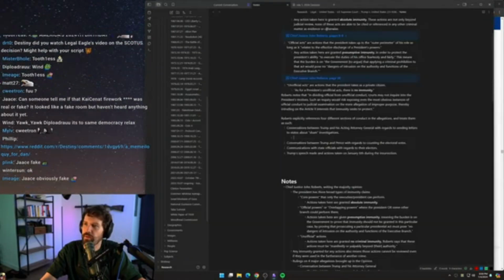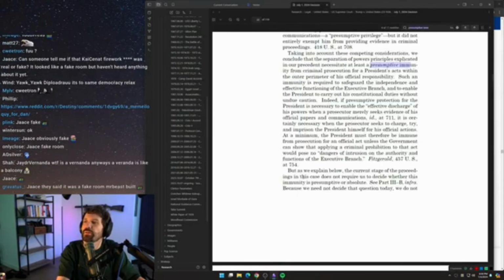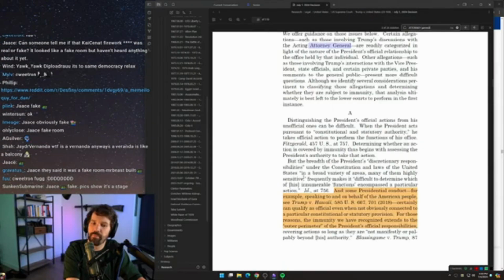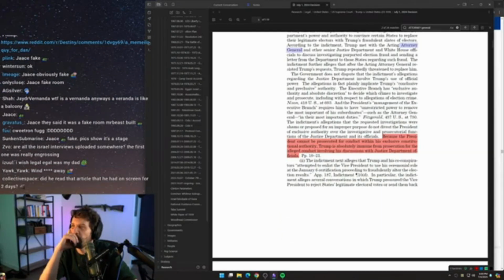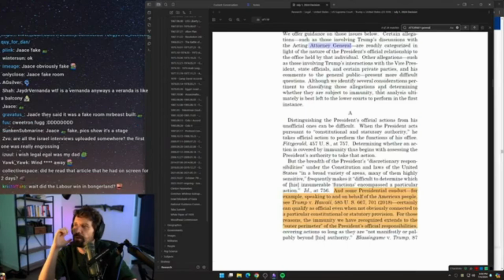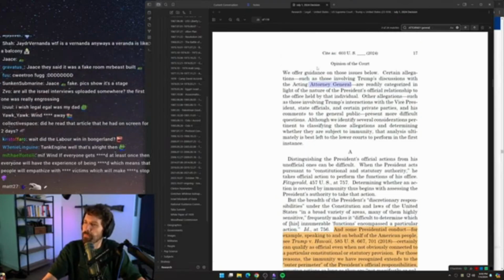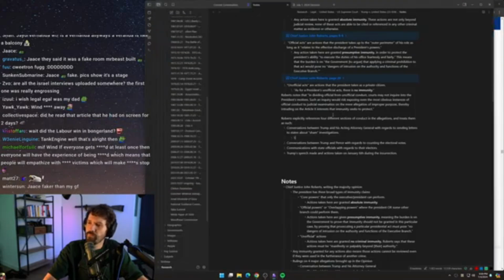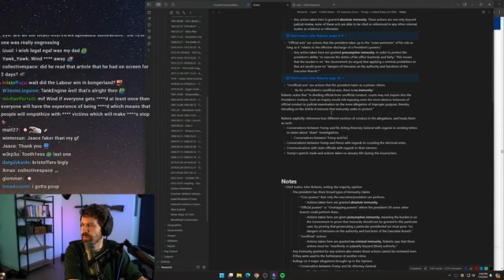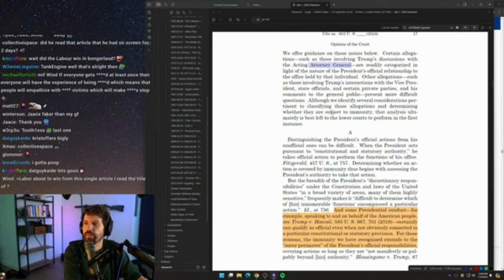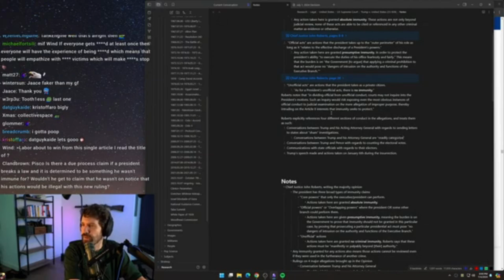I keep alt-tabbing, and I need to Control 2 and Control 3. Conversation between Trump and his acting attorney general with regards to... Okay, so Control F, attorney general. That's the syllabus, don't care. Conversations between Trump and his attorney general are, quote, readily categorized.